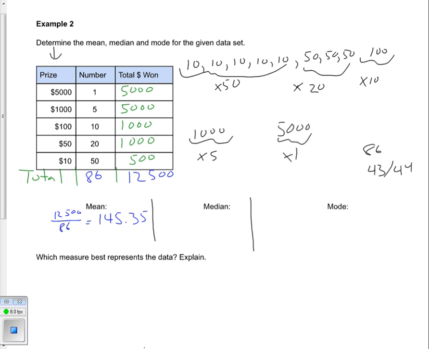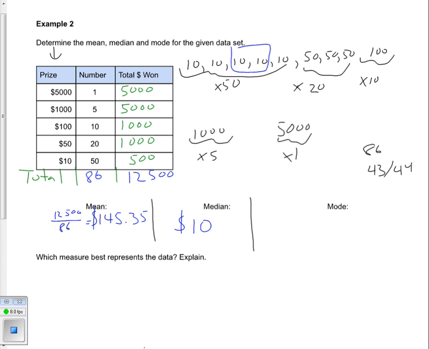So the median is going to be somewhere between two $10 prizes. Well, the average of 10 plus 10, the average between two tens, is 10. So the median is actually $10. I'll put in the dollar sign just so we're aware of what we're talking about. So the median prize is $10.